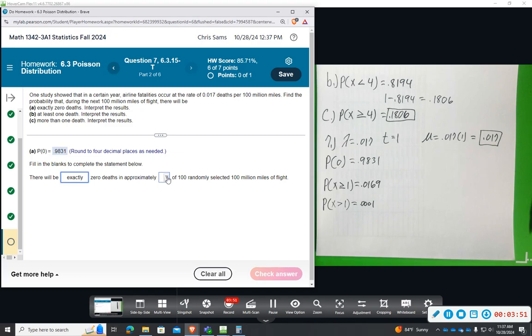And approximately blank of 100 randomly selected 100 million mile flights. If we're doing it 100 times, we take our probability and multiply times 100, which moves the decimal 2 times to the right. It's going to give us 98, rounding to the nearest whole number. They already had it for us.